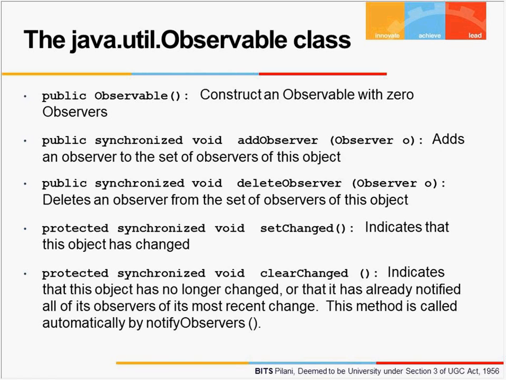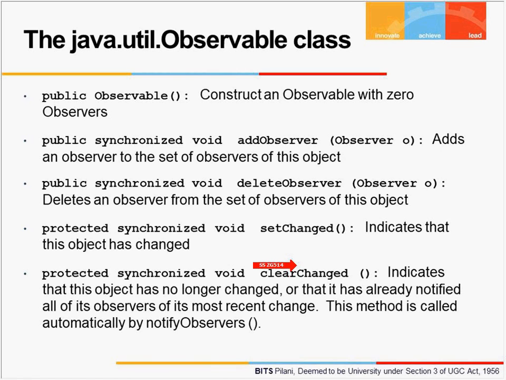has the method add observer, so that is required, and delete observer, right? So add and delete observers are required in the subject. So you can add an observer, delete an observer, then set changed indicates that the state of the object has changed. Another method is used to indicate that this object has no longer changed, right?